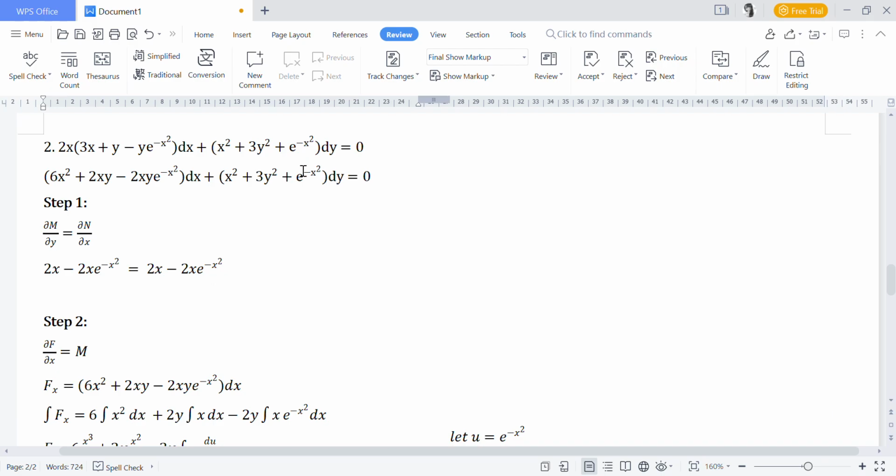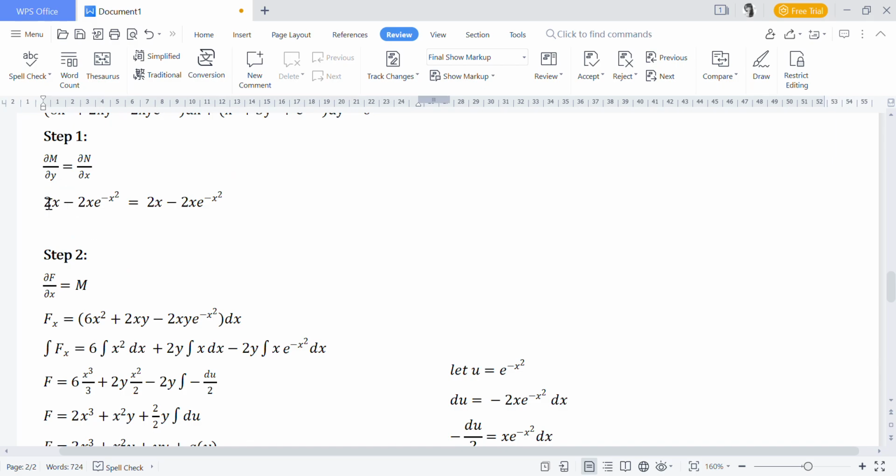When it comes to this problem, the derivative of this is simply the derivative of its exponent. So, the derivative of its exponent is negative 2x. So, copy that here, negative 2x. Then, copy this one. Okay, so here we have it.